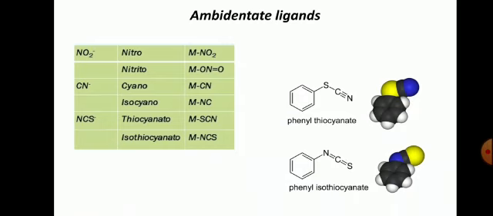What we need to remember here is, while naming ambidentate ligands, we are supposed to mention the point of attachment. Like when we name nitrito, we will write it as nitrito-O or nitro-N, like that.